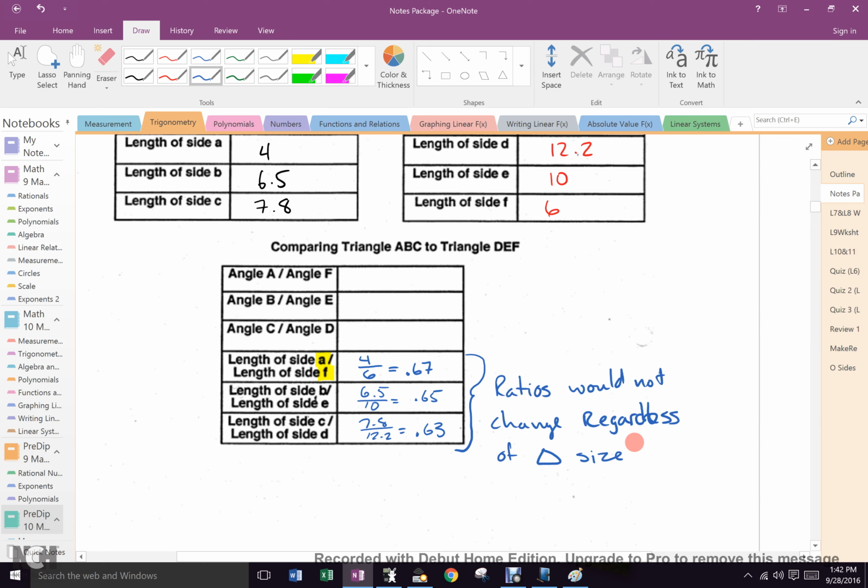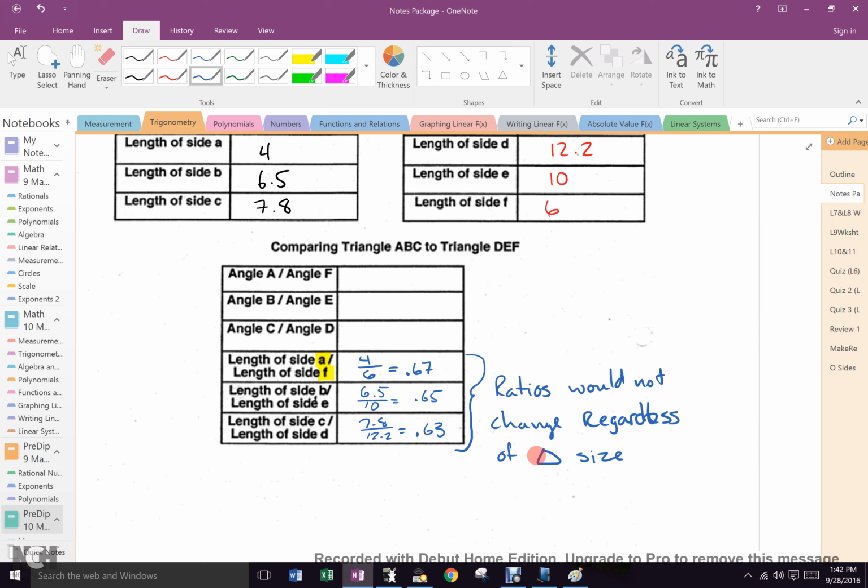I can draw a triangle on the surface of the world that goes from Vancouver to the North Pole to Bangkok, Thailand, and I can use that measurement from that real life situation. I can draw it on a piece of paper and use those measurements to decide how long the real measurements are. Does everybody understand that?